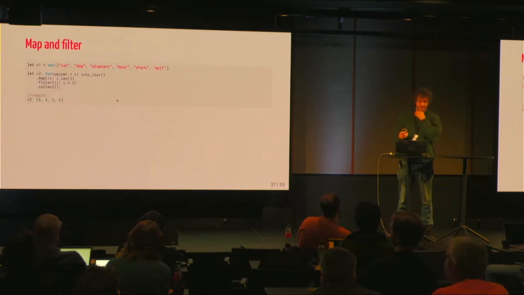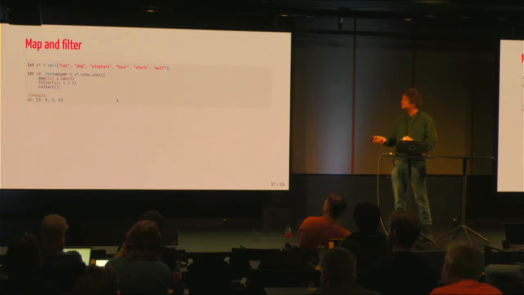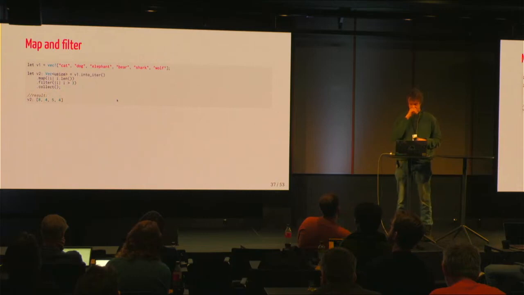Map and filter, some other stuff that you for sure might be familiar with. We have a vector here with some names of animals. And we use the into_iter, which gives us the ownership of that variable.